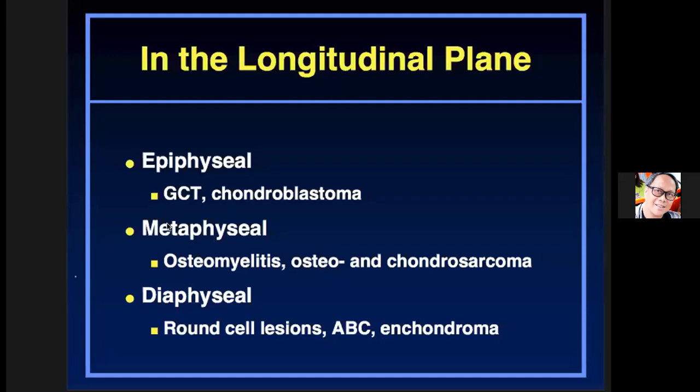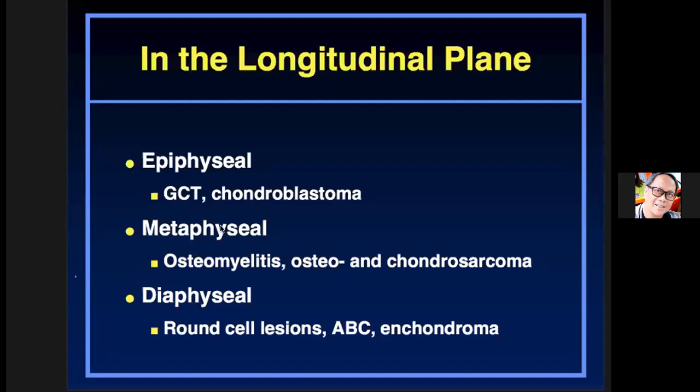Okay. If you ask why osteomyelitis is common in the metaphysis, you must remember that osteomyelitis usually is blood-borne, and a lot of the blood vessels are actually supplying the metaphysis compared to the other areas.